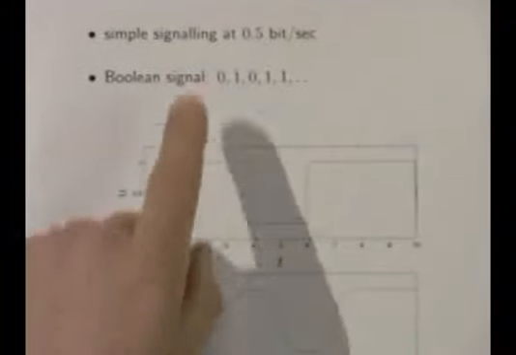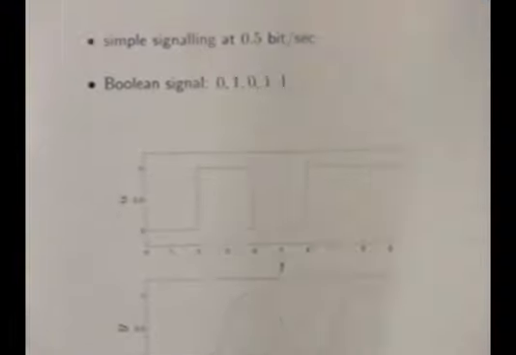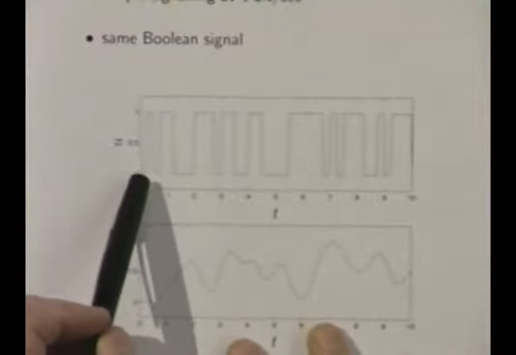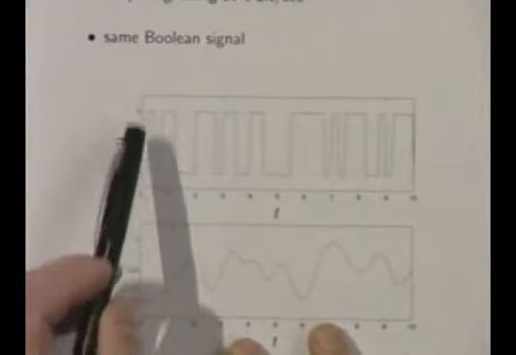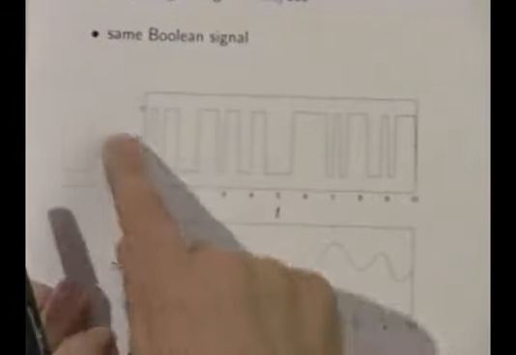Now we ask the following question. Let's multiply this signaling rate by a factor of 8, to 4 bits per second. So here's our input signal. I'm transmitting some signal here, I guess 0, 1, 0, 1, 1, 0, 0, 0, 1, 1, 1, and so on.